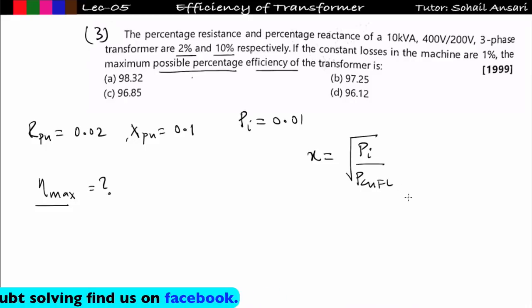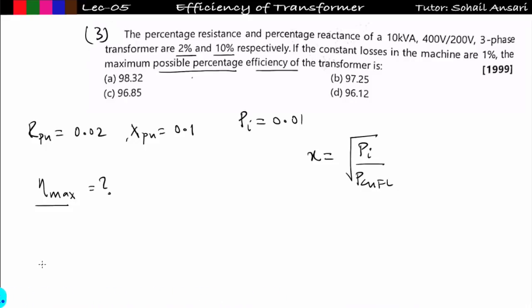load copper loss. But I have already explained you in one of the lectures, that is lecture number 3, equivalent circuit and per unit, that is PCU full load in per unit is equal to the internal resistance in per unit. So it is given, that is 0.02.